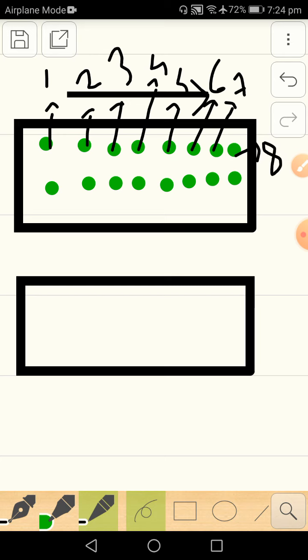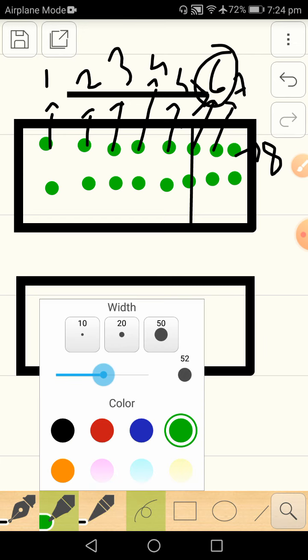For instance, let's think that our activation energy is over here. So the particles must have at least 6 joule of energy to carry out the reaction.